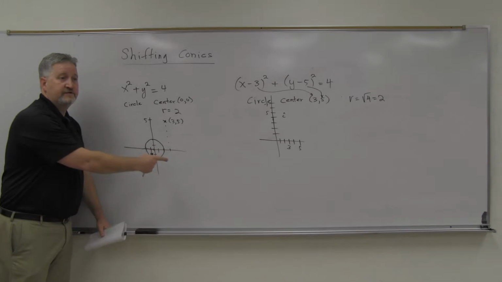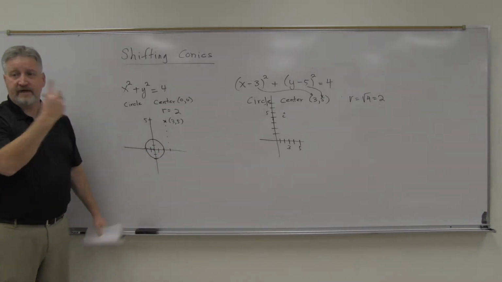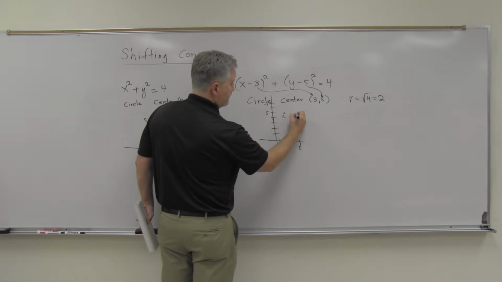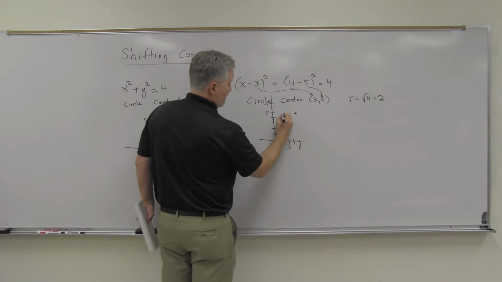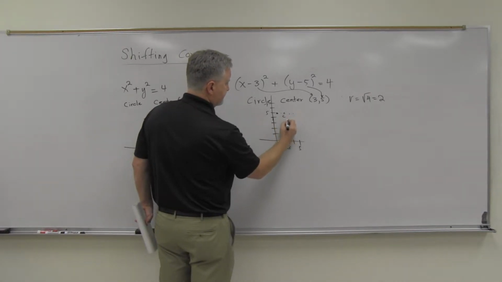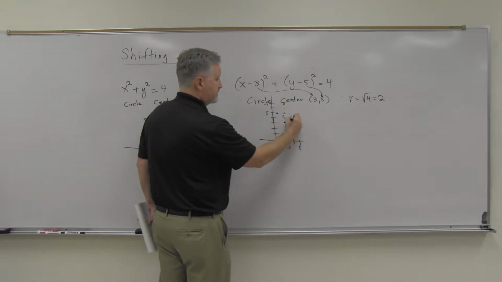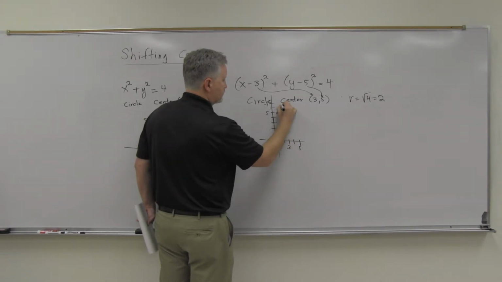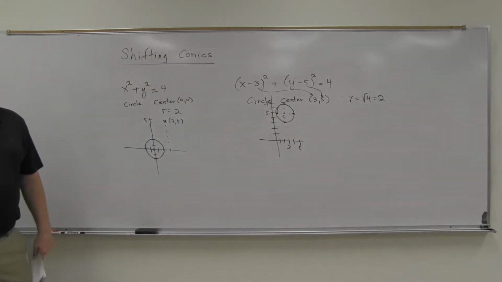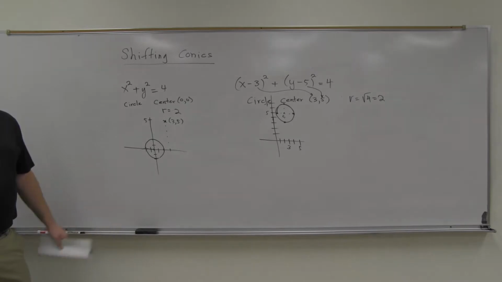Go out 2 units right and left, 2 units up and down. There's our graph. So we go from the center out 2, back to here, down 2, kind of square it up, and there's our circle. Just based on the shifting.